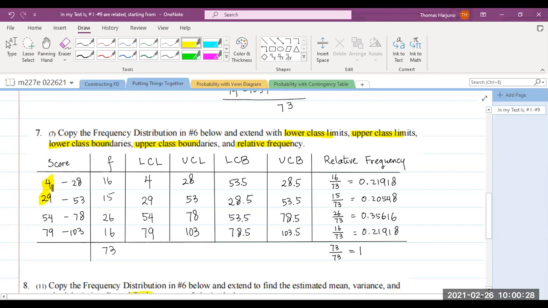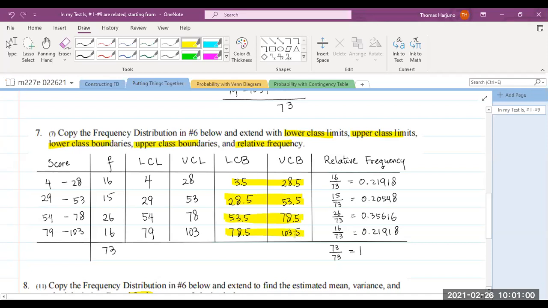The actual definition of class width is the difference between lower class boundary and upper class boundary. I'm sorry, that should be 3.5. That's the actual definition of class width. If you subtract this, you will get 25.